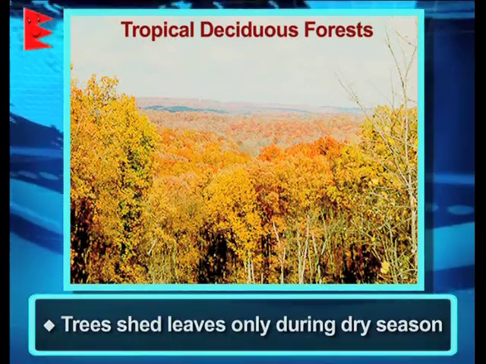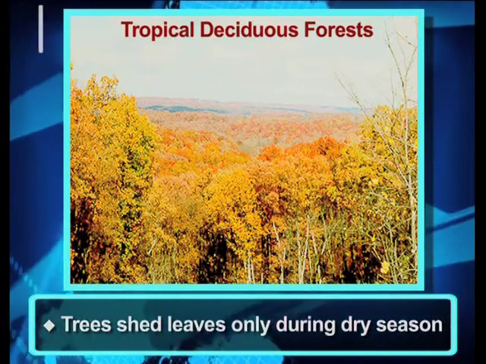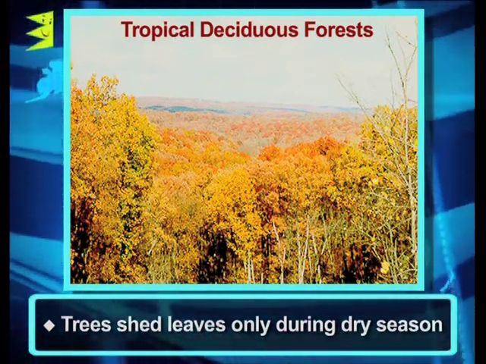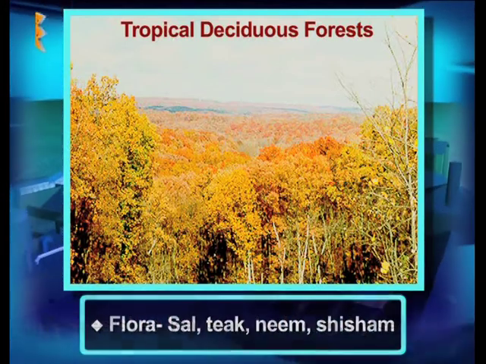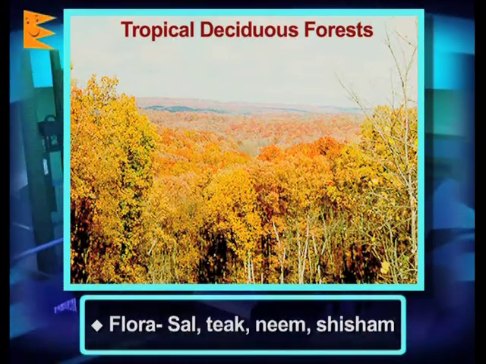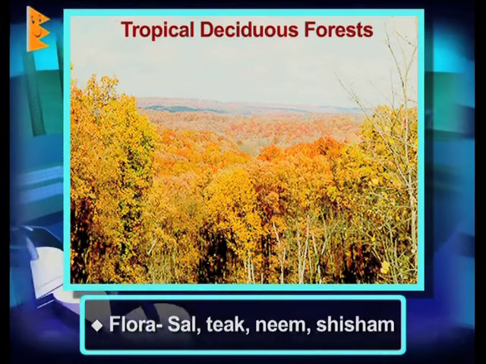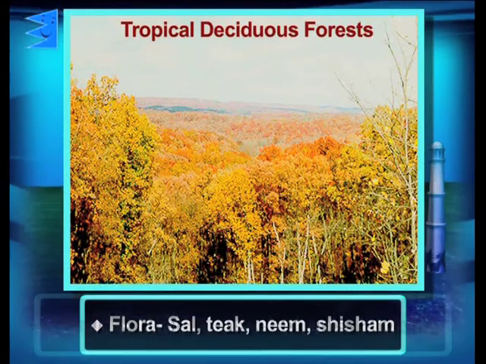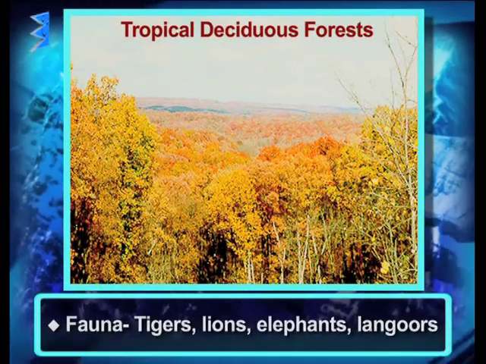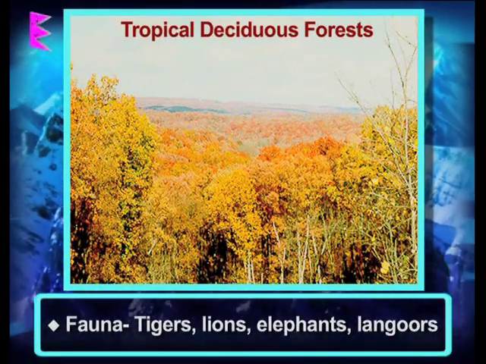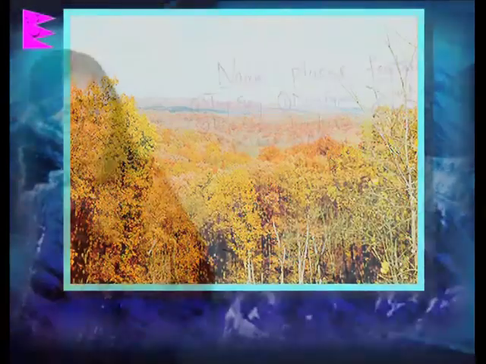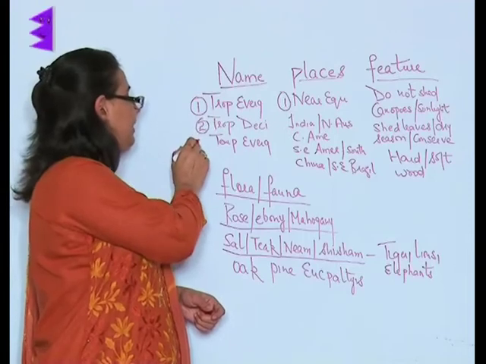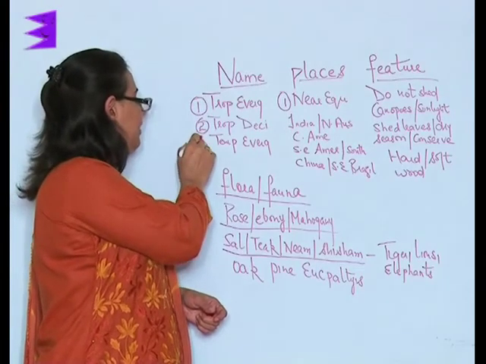So, again the vegetation is depending upon the temperature which is found, and the flora and fauna of the tropical deciduous forest are: the trees found are sal, teak, neem and shisham, whereas the animals found are tigers, lions, elephants and langurs. The third category of the forest is the temperate evergreen forest.